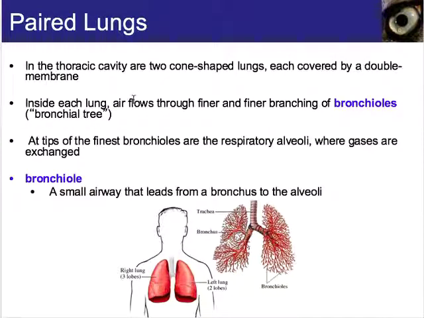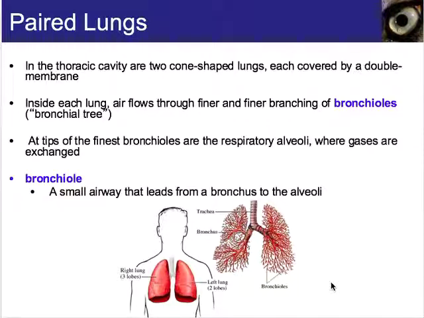In the thoracic cavity, you have two cone-shaped lungs, each covered by a double membrane. Inside each lung, air flows through finer and finer branches of bronchioles. So you have your trachea, you have your bronchus or bronchi, because there's two of them. And then from the bronchi, you see these teeny tiny little attachments. These are bronchioles.